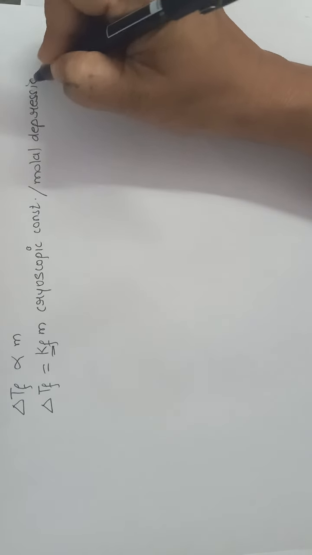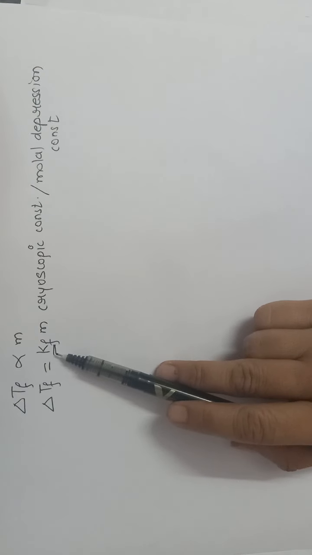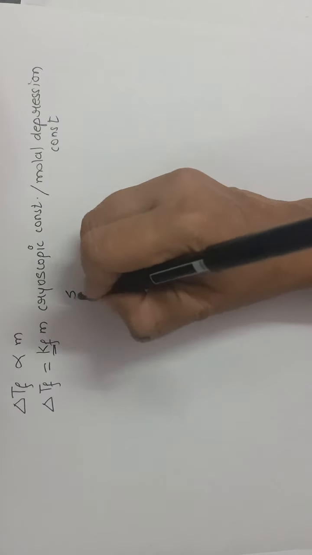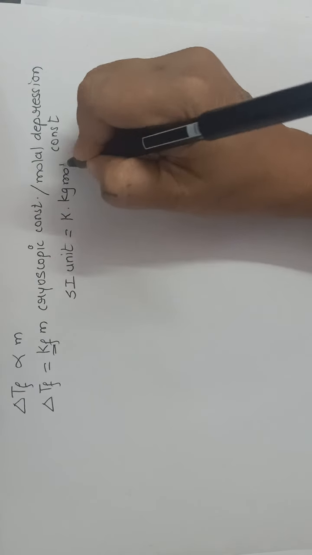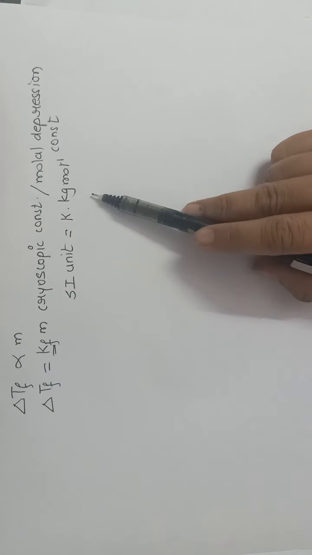As we have seen that Kb, in elevation in boiling point, is different for different solvents, similarly Kf is different for different solvents. The SI unit of Kf is the same as that of Kb we have studied. So the SI unit of Kf is Kelvin kilogram mole inverse. We can also write the SI unit of Kf as K into molar.